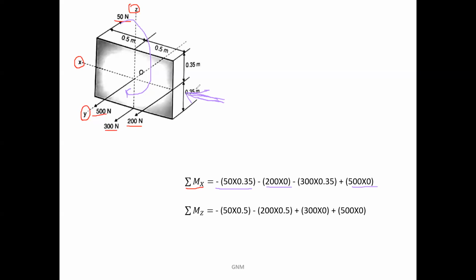It is again at 0.35 distance from the x-axis. So 300 into 0.35, and how will it rotate about the x-axis? It will rotate about the x-axis again in clockwise direction. So minus 300 into 0.35. This is how we can write moment of all four forces about the x-axis.